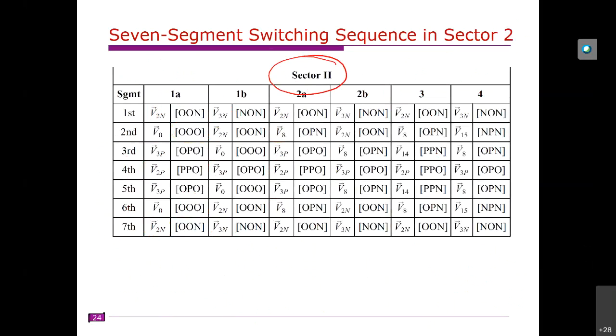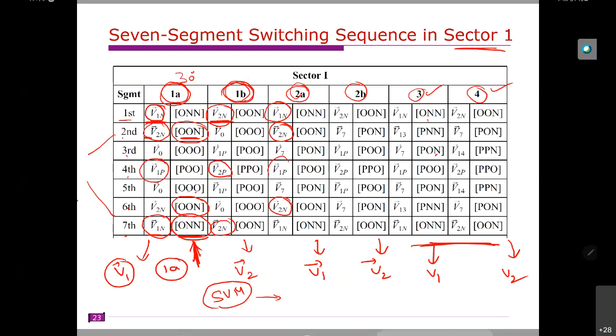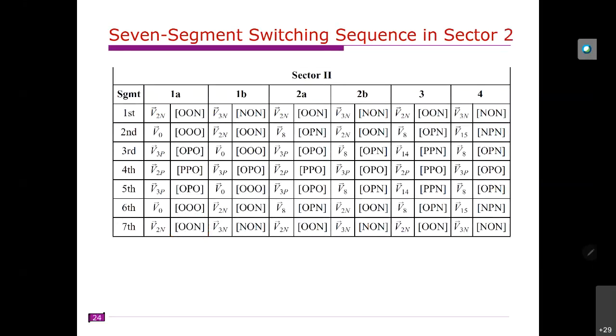If you notice, when it is moving from sector 1 to sector 2, sector 1 ends with 0 and n, that means after the first 60 degrees. Whereas sector 2 started from 0 and n.